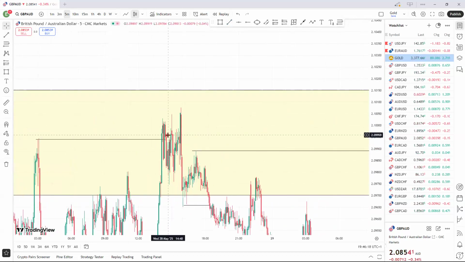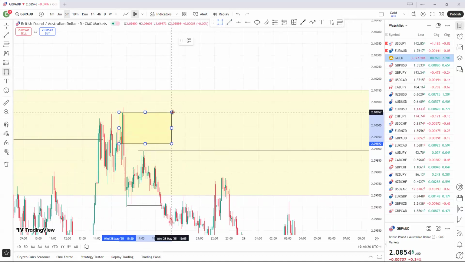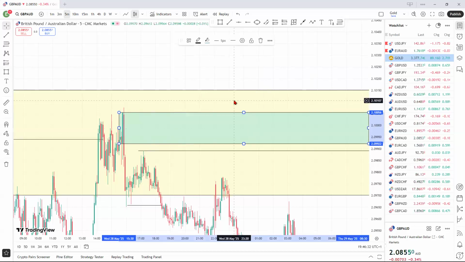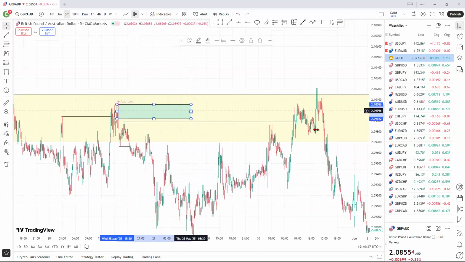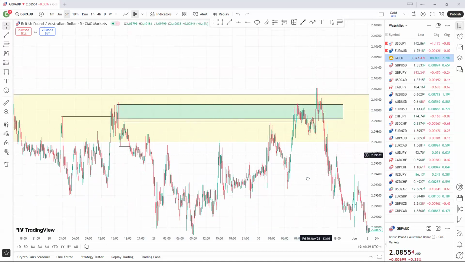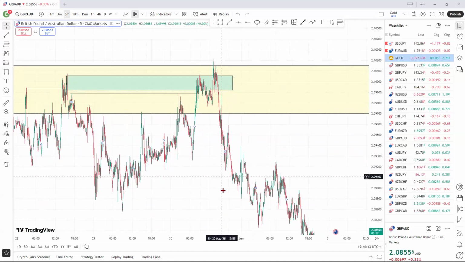So what you have to do is mark out your supply zone. That's this green candle before the sudden sell. So you wait for price to come there and react. And as you can see, price reacted from there and sold all the way down.